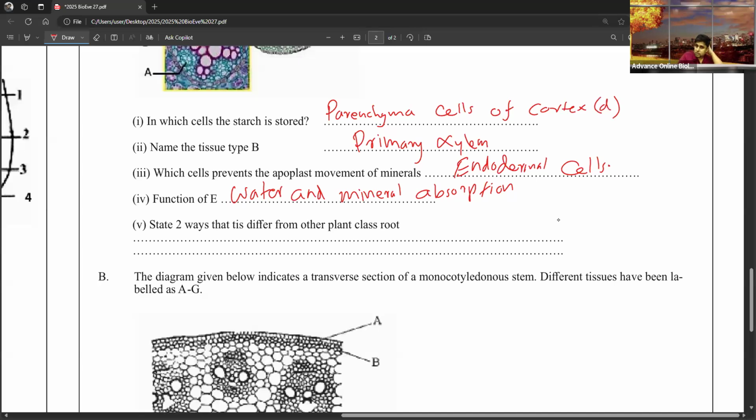State two ways that this differs from the other plant class. What is the other plant class? Monocot. So how do you say that this root differs from a monocot root? You can say no pith present in dicot; pith present in monocot root.